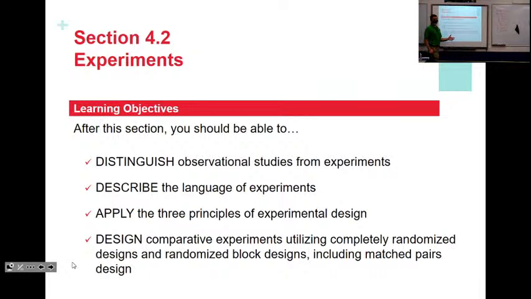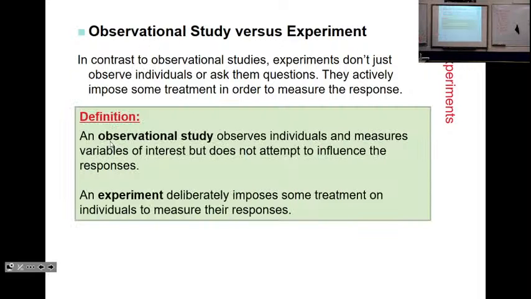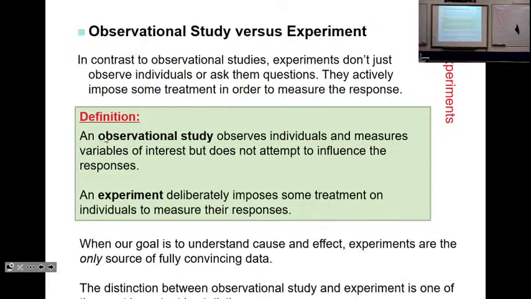4.2. We talked in the first section, we focused on surveys. We focused on selecting people to ask questions to or gather some type of data about. This time we're going to talk about experiments. 4.1 was a lot about surveys, and surveys are often called observational studies.